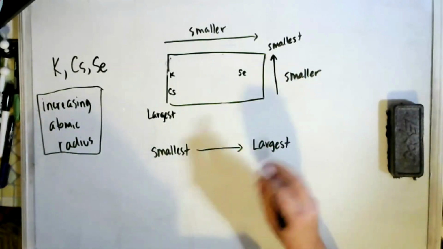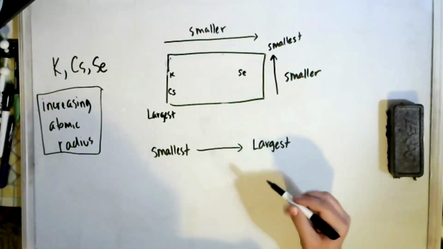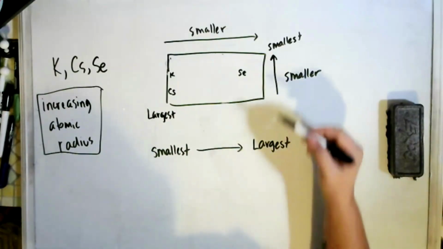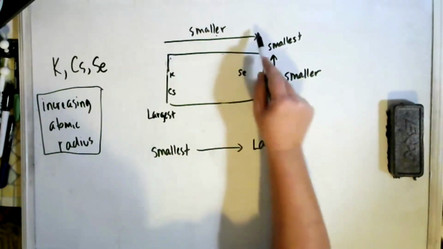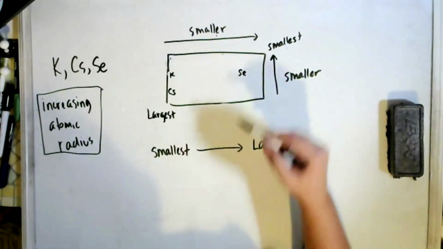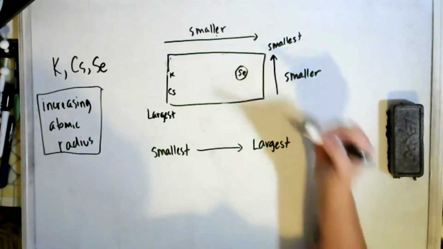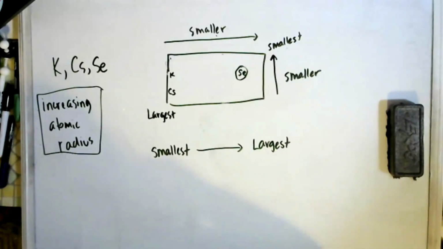My smallest is going to be whatever is furthest up top and furthest to the right, so selenium is going to be the smallest.